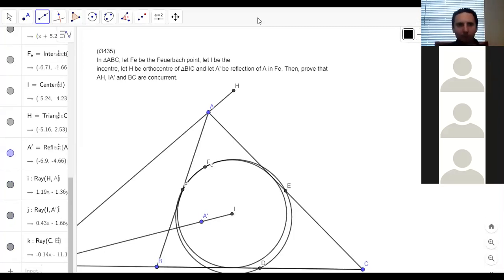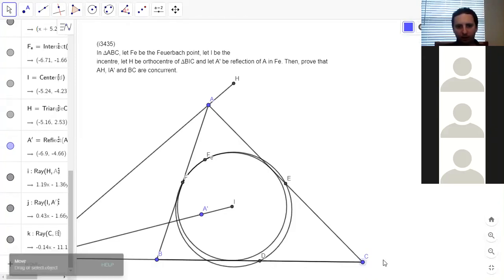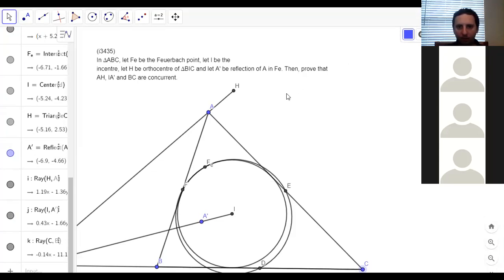Oh, AH, BC, and the line parallel to I at Fe. Not parallel, tangent. Oh, tangent. All right.